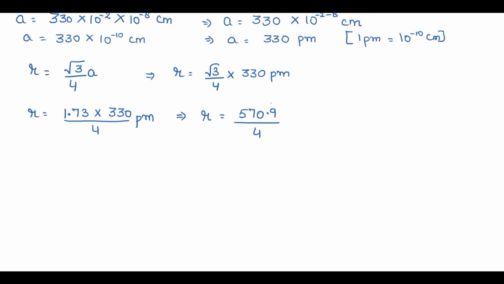So when you divide 570.9 with 4, your answer will be R equal to 142.72 picometer. Now you can round off this value. So R will be 143 picometer.